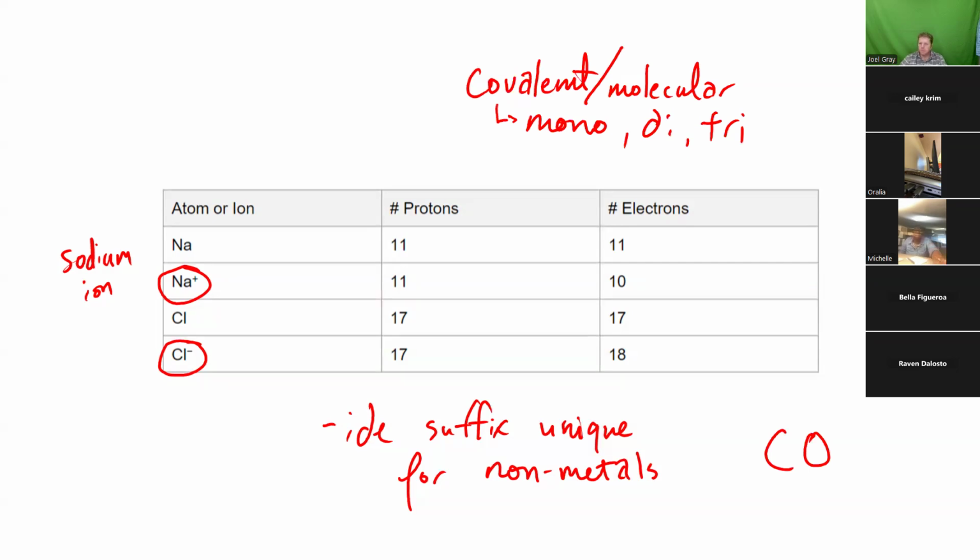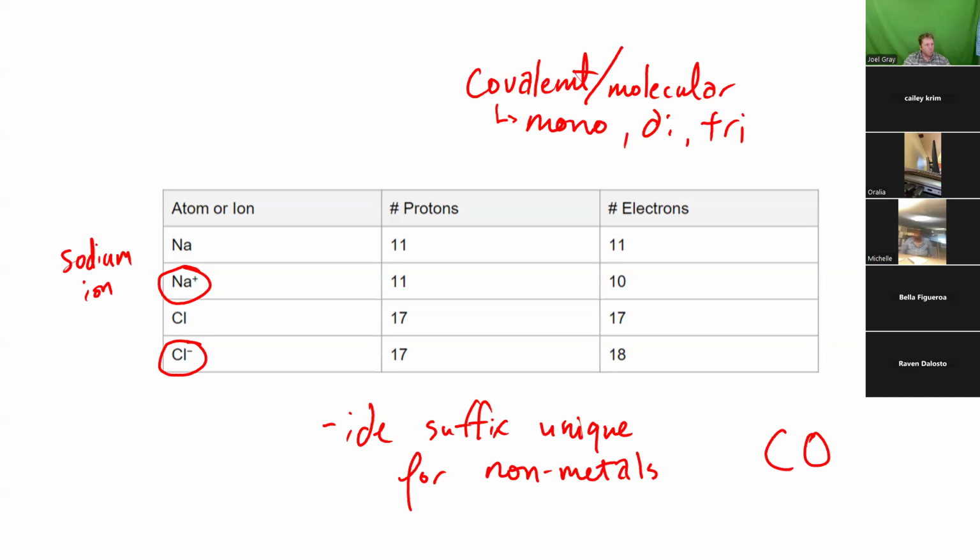Add that to the chat or say it aloud. Carbon monoxide. Both carbon and oxygen are nonmetals, so that's an example of a covalent compound. We say carbon monoxide, despite the fact that there's only one carbon and one oxygen. We only use that mono prefix for the second element.